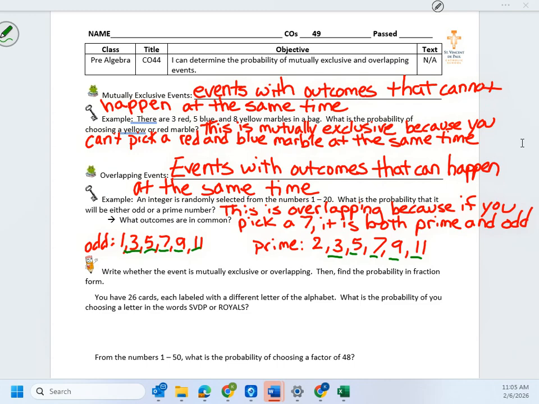But we can't count these a second time. We can't double dip. You can only count the overlaps one time. Does that make sense? So there would be 7 in this example. There are 7 of the successful outcomes out of our 12. If we have numbers 1 through 12, 7 of them would be successful.